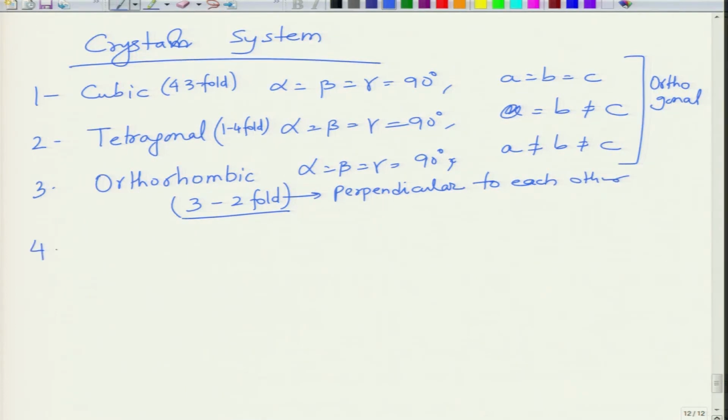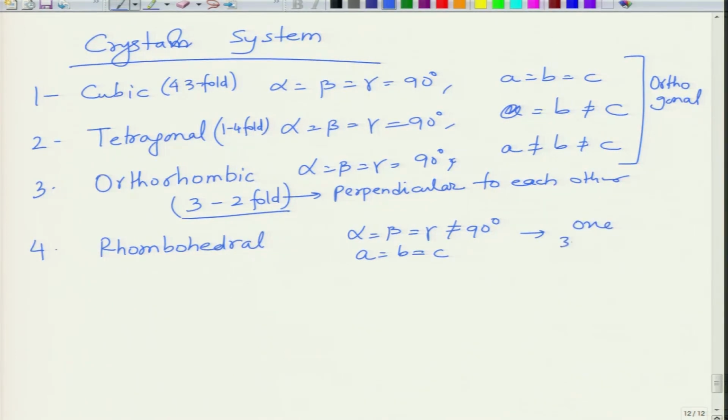And then you have non-orthogonal systems such as rhombohedral, for which alpha is equal to beta is equal to gamma is not equal to 90 degree, but A is equal to B is equal to C, and this must have 1 3-fold rotation in the system. That is a definition.